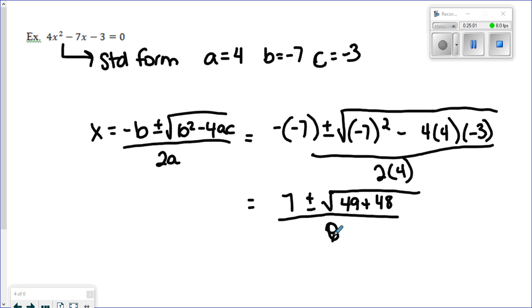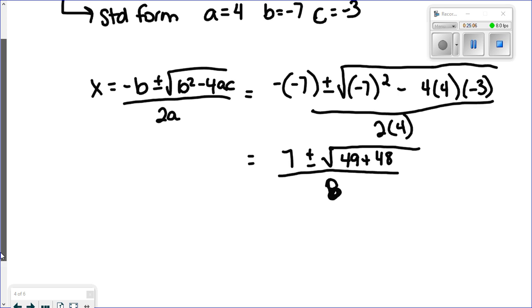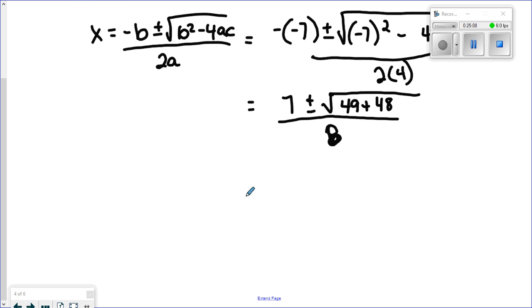Yep, that should be an 8, not a 6. So again, simplifying, trying to punch it in your calculator, you're going to get some funky answers, and we'll talk about why. So 49 plus 48 is 97 divided by 8.